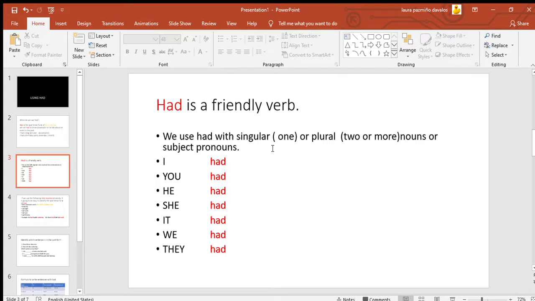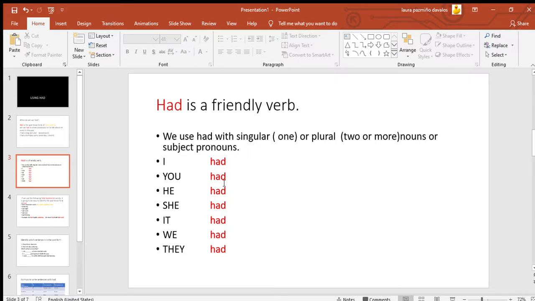Singular is when you talk about only one noun, or about a subject pronoun that talks about one noun. And plural is when you talk about two or more nouns, or subject pronouns that talk about more than one noun.